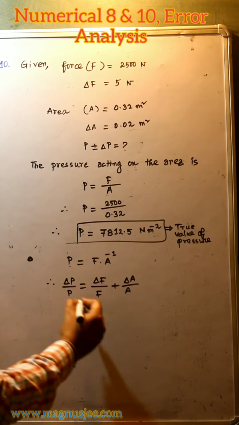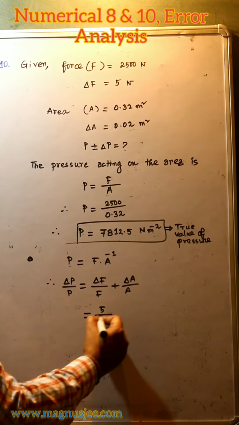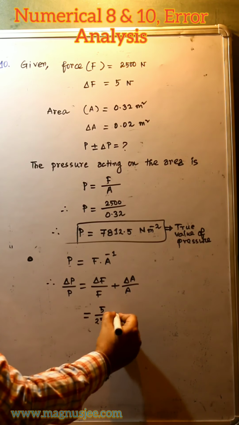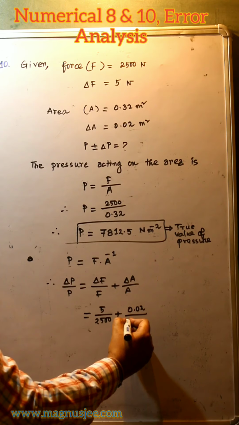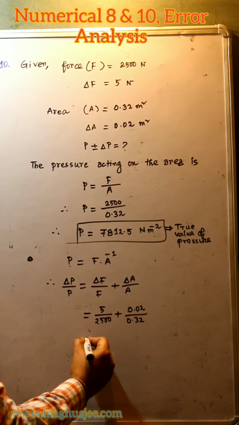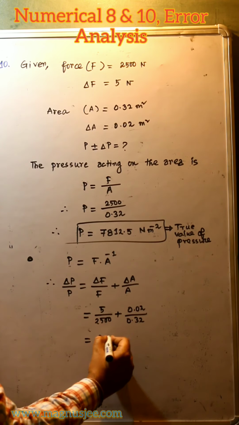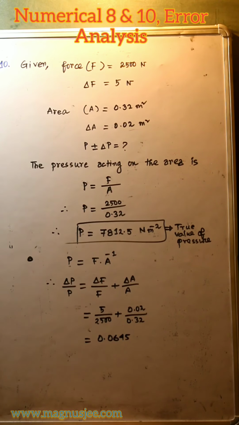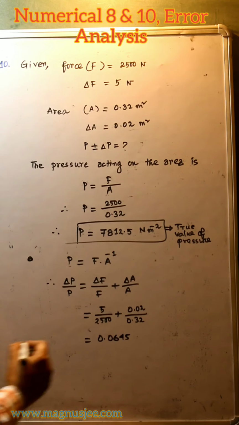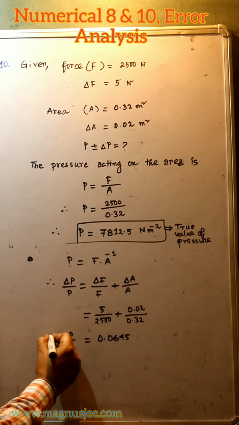So this is the relative error. Delta F is given 5 divided by 2500, plus delta A, 0.02 divided by 0.32. So delta P by P will be 0.0645.